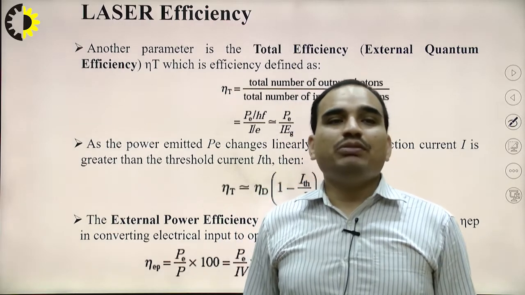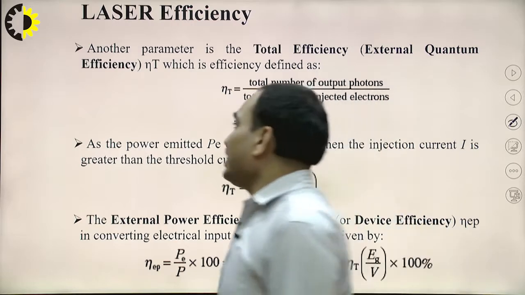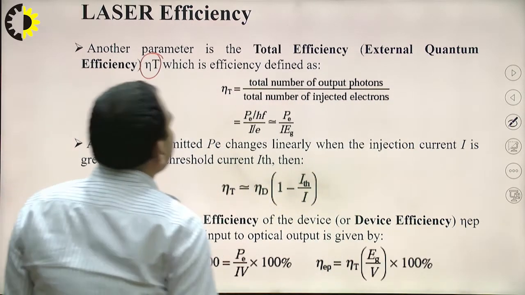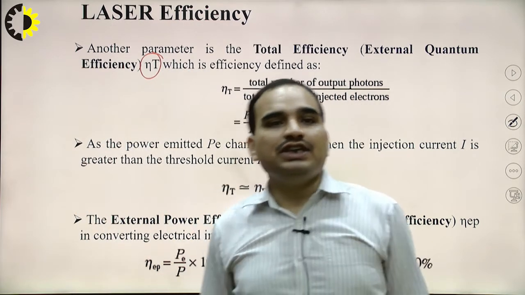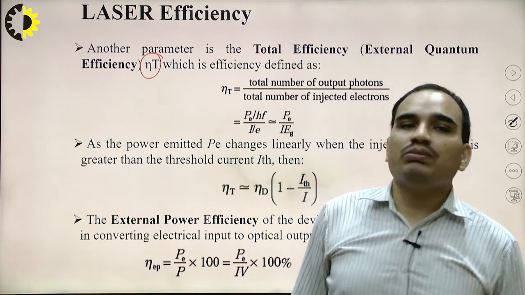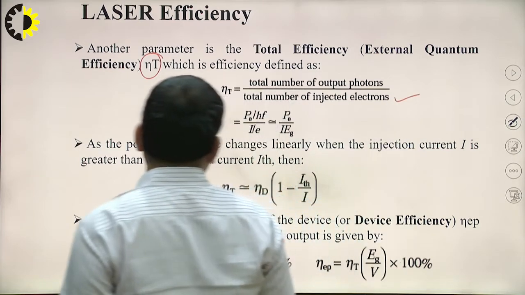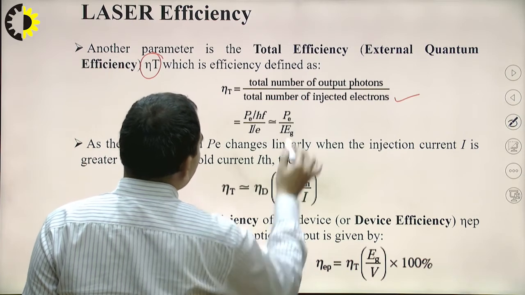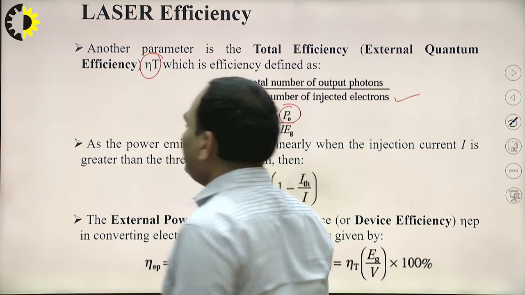So, another parameter is the total efficiency. The total efficiency, that is the external quantum efficiency, is given by eta t, defined as the total number of output photons divided by the total number of injected electrons. So, that is given by Pe by hf divided by I by e, that is the external power Pe by I times e.